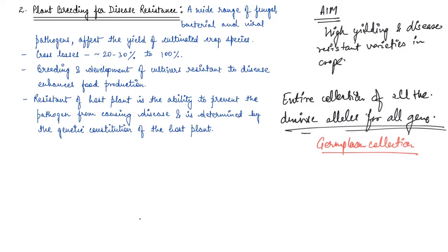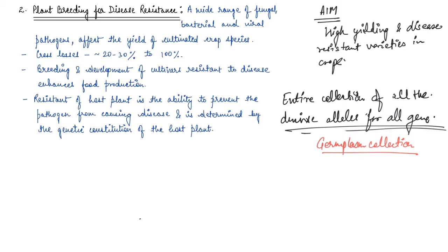So basically, guys, a wide range of fungal, bacterial, viral pathogens affect the yield of cultivated crop species. If we talk about crop losses because of this, it is almost 20 to 30% at least, to even 100%, right? So you can imagine how difficult it is with all these plant pathogens to cultivate crops.